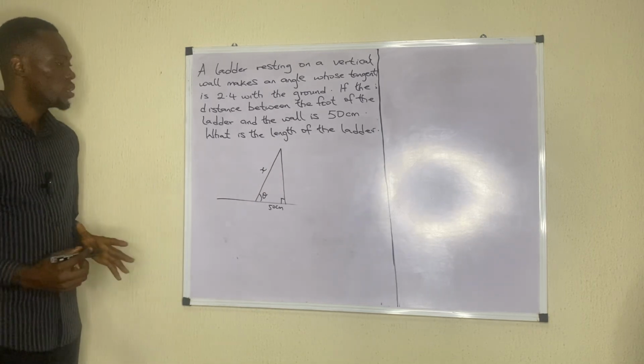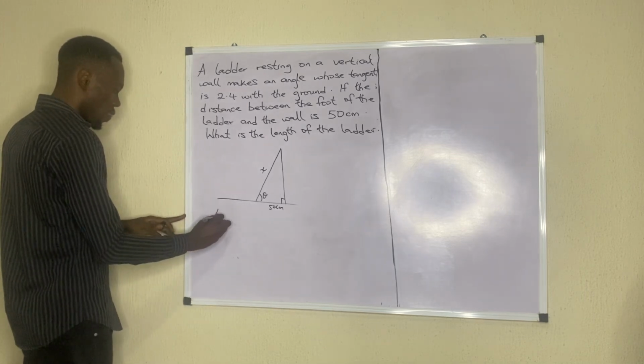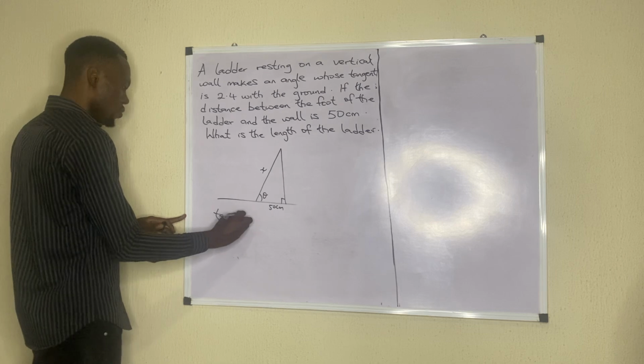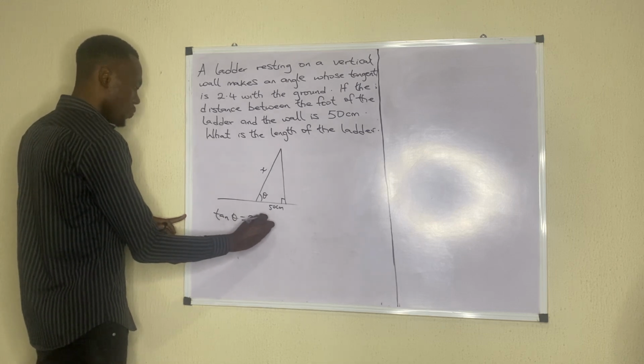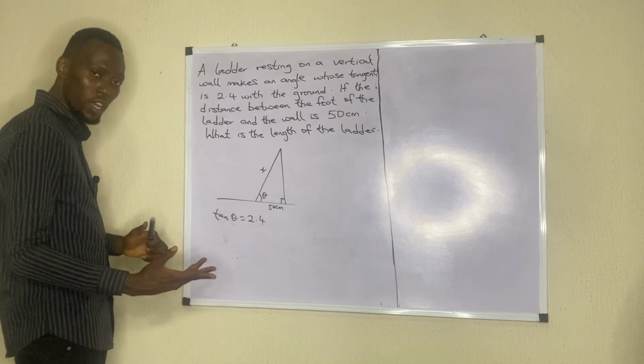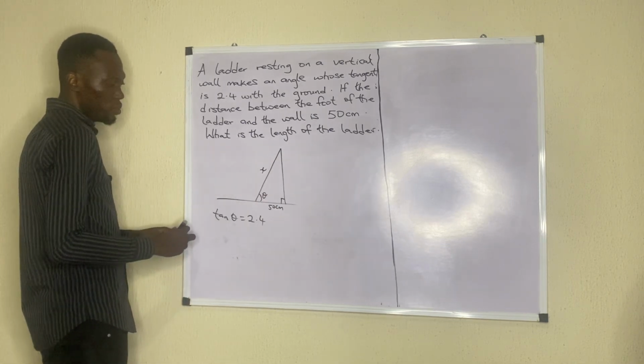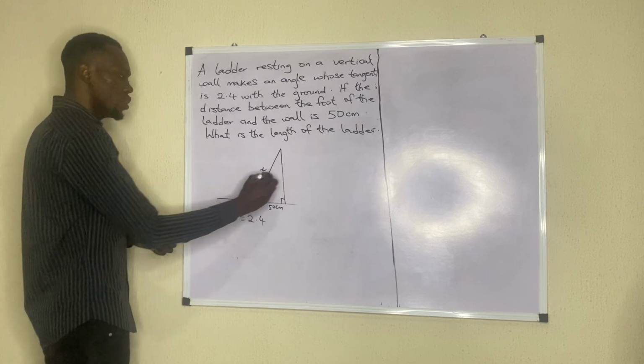So to solve this particular question, first we are told that tan theta is equal to 2.4. And if you recall, tan theta is equal to opposite over adjacent. The one opposite the angle is the height of this wall at the moment. Let's call that h.